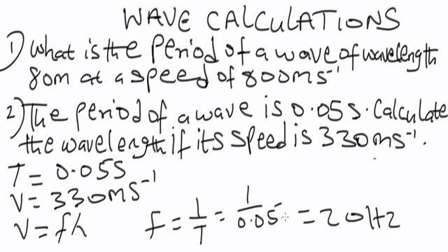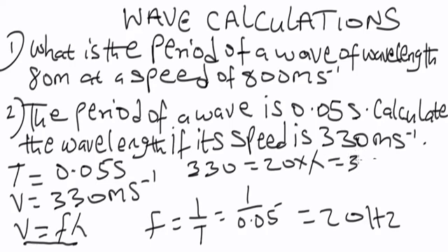So let's substitute these values now in this relationship to get the wavelength. When you substitute, you're going to have 330 equals 20 times the wavelength.